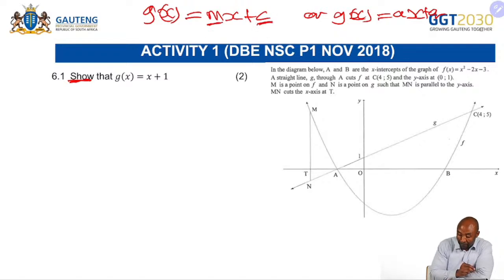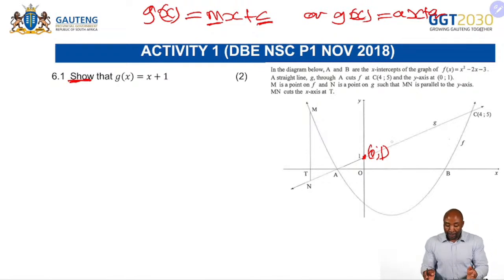This has to come from us. We cannot just say m is 1, c is 1 without showing how we are getting that m is 1. That's what the question is asking us. So I'll add our y-intercept there. We know that the coordinates of this point are 0 and 1. And it's a straight line, and to get the gradient of a line, I must have 2 points.